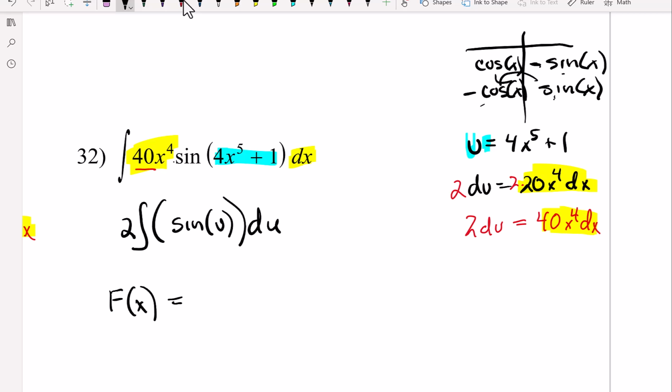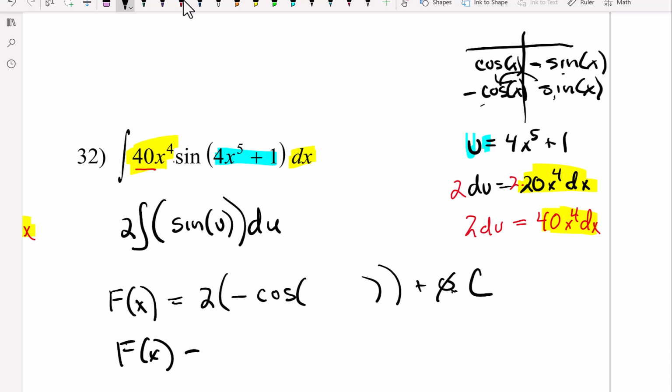So this is going to be 2 times negative cosine u plus 0. And then working backwards from 0 is the constant. So this is negative 2 cosine, and where u was, we put 4x to the 5th plus 1, plus the uppercase C. Just like that.